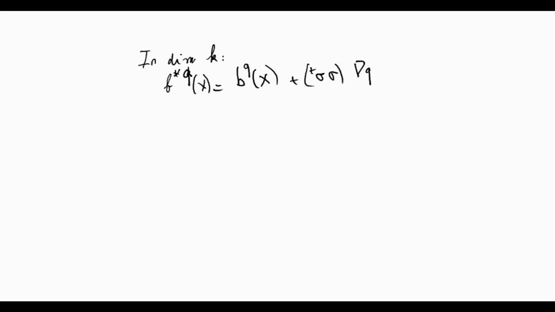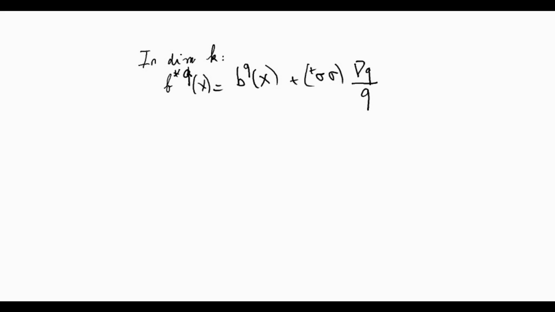So in dimension k, the drift b star, let's write the q component of x, is equal to the q component for the non-conditional process plus sigma sigma transpose applied to dq over q.